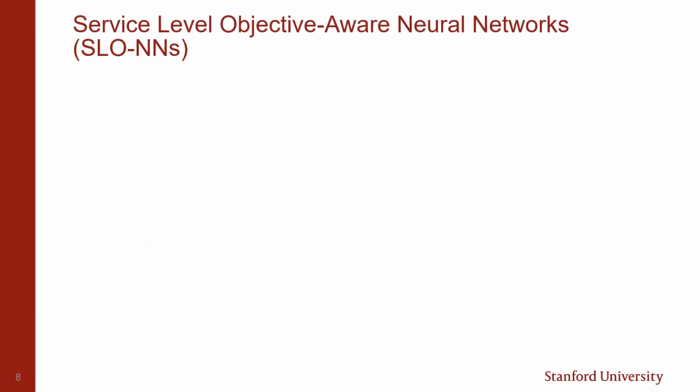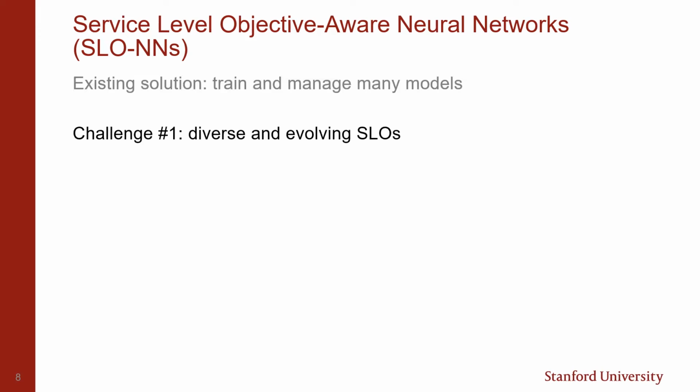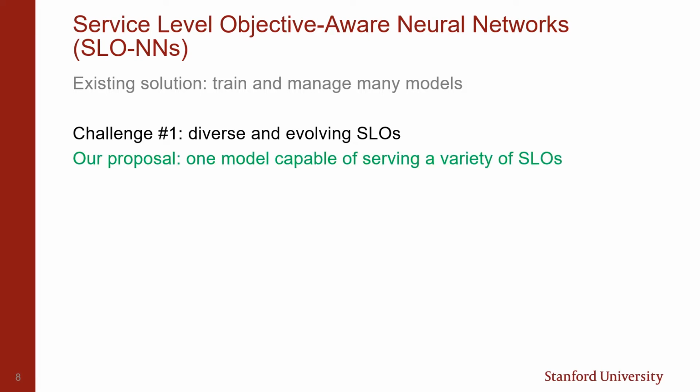So now let's talk about our proposed approach, Service Level Objective Aware Neural Networks, or SLONNs. In contrast to the existing solution to those challenges, where we require training and managing many models, to address the challenge of diverse and evolving SLOs, our proposal is that we use one model which is capable of serving a variety of SLOs.